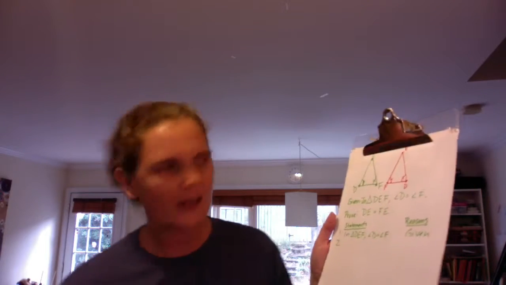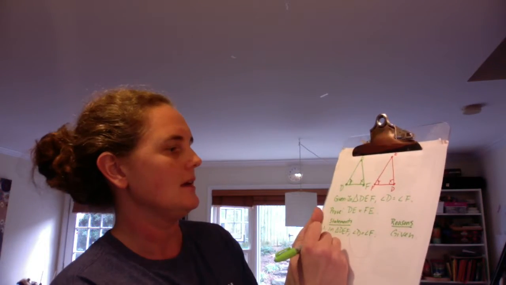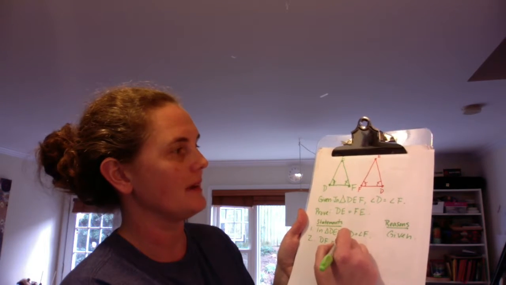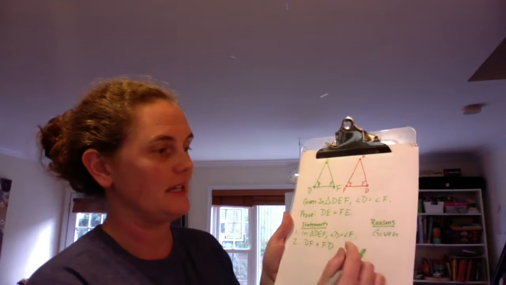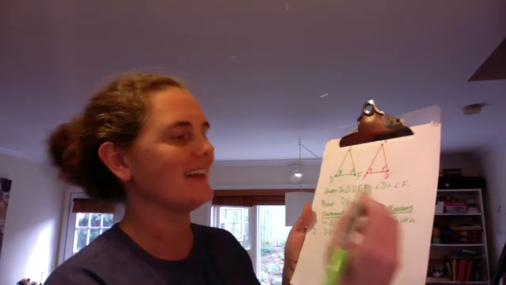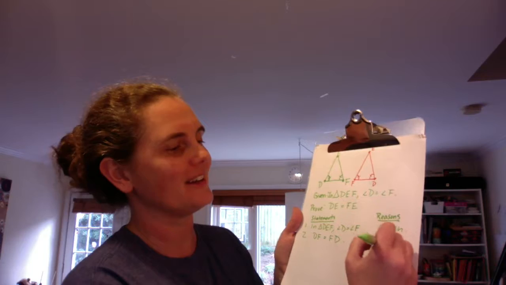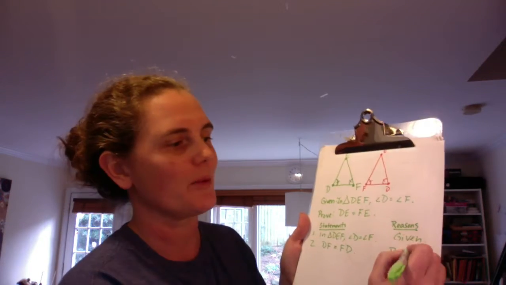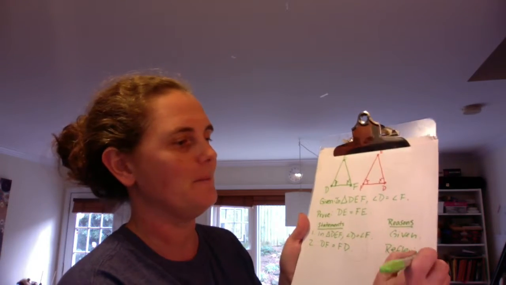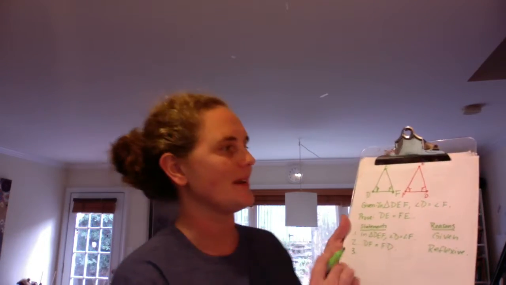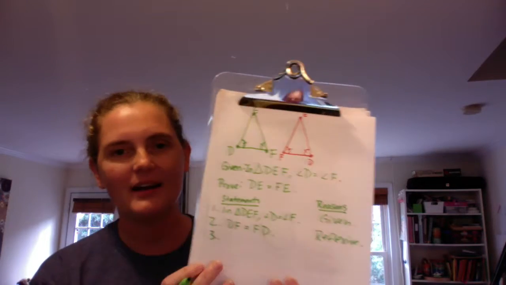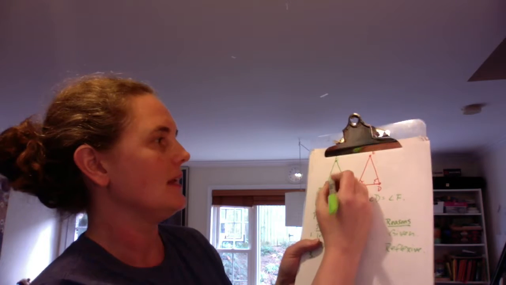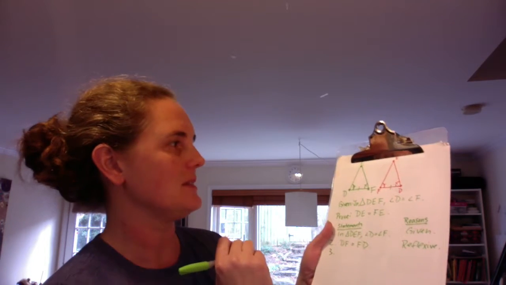Let's do the next step, step 2. Let's show that DF is equal to FD, and this is everybody's favorite. Just like looking in a mirror, obviously DF is the same as FD, so we're going to use the reflexive property for that one. Now we have shown that that is equal to that.